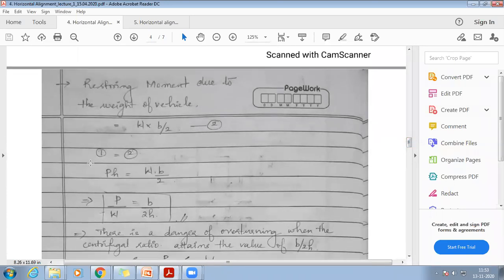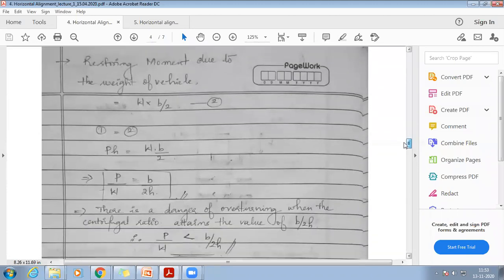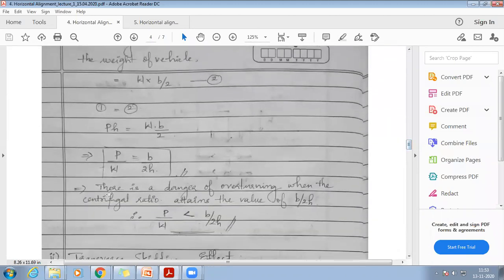Now we are going to equate 1 and 2. Equation 1 is P times h, equation 2 is W times b by 2. You remember I told you the impact factor of the centrifugal ratio. So I'm bringing this W to my left hand side, such that the left hand side becomes P by W, which is the centrifugal ratio.